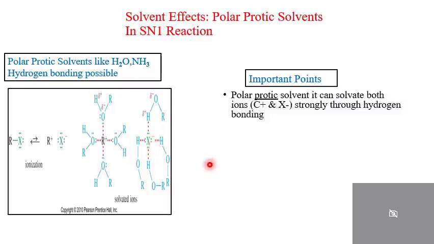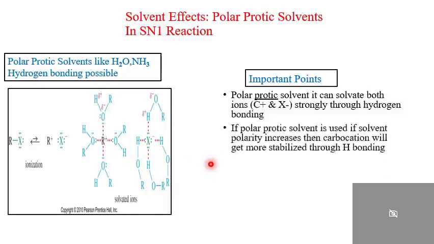Therefore, whenever we are considering a polar protic solvent, it can solvate both the ions, that means the cation R positive as well as the X negative, the carbocation and the leaving group. Both are solvated through hydrogen bonding. Due to this, the carbocation gets stabilized.